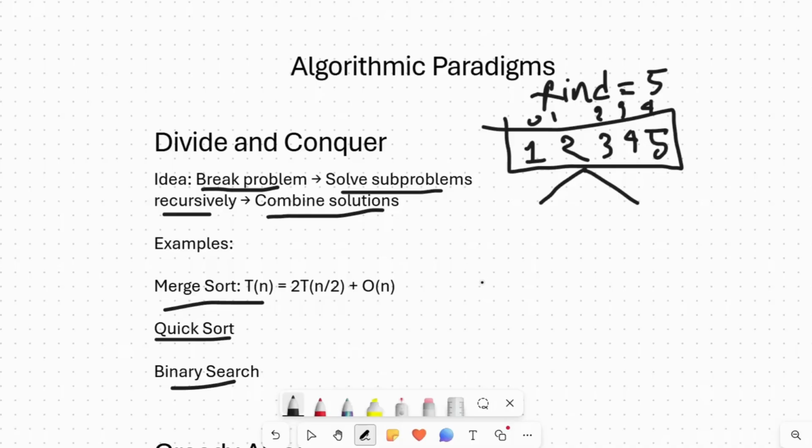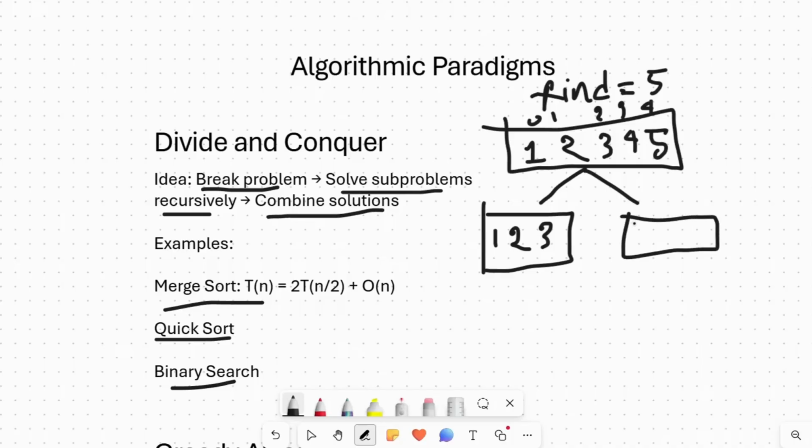So how can we find it by using binary search? First we divide this into 1, 2 and 3, then 4 and 5. We ask whether the required 5 is here or there.